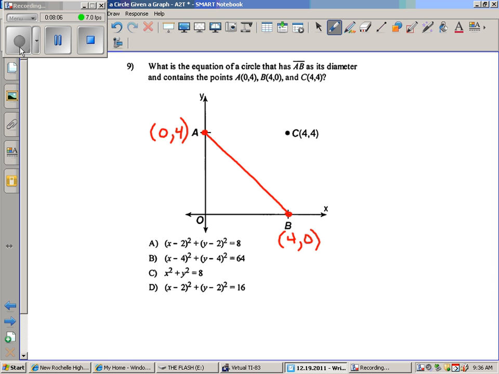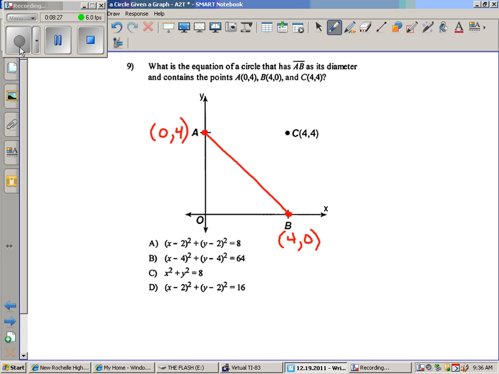How do you find the center of that line? Now that's going to be a little awkward. Do you guys remember how to find the middle, the midpoint? Midpoint of a line is the average. So how do you find the midpoint of A and B?